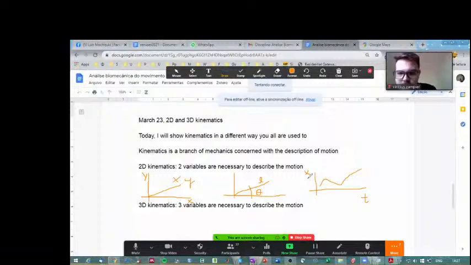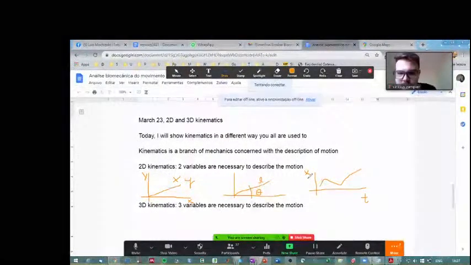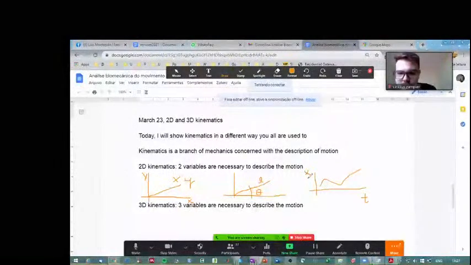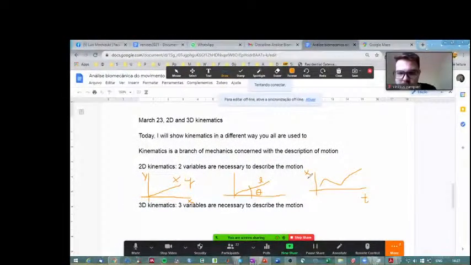We can use this angle, let's call alpha, and then this angle, let's call beta, and then we can have this length. So if we want to know something within this 3D space, we can use the common coordinates x, y, and z, but we can also use two angles and one length.